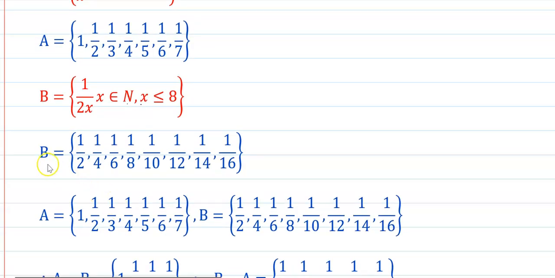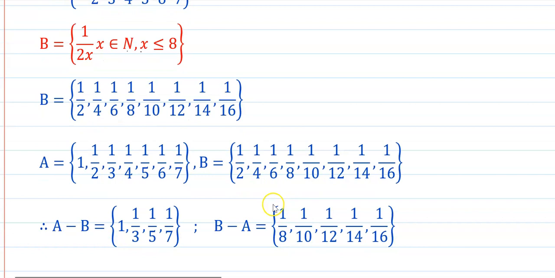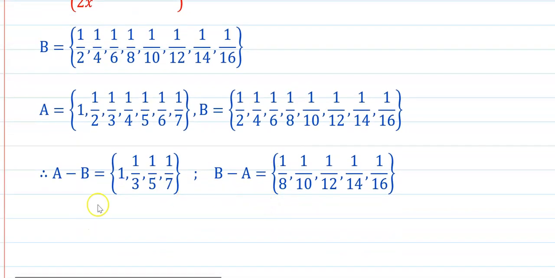The elements are, if you take 1, then 1 into 2, 2 into 2, then 2 into 3, 2 into 4, 2 into 5, 2 into 6, 2 into 7 and 2 into 8. We are taking 8 here. Therefore, all these are the elements. A set मिळाला. Next, this is the B. What about the A minus B?